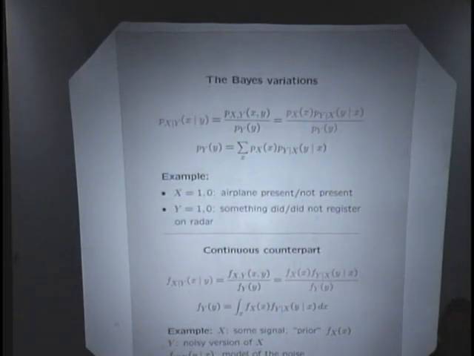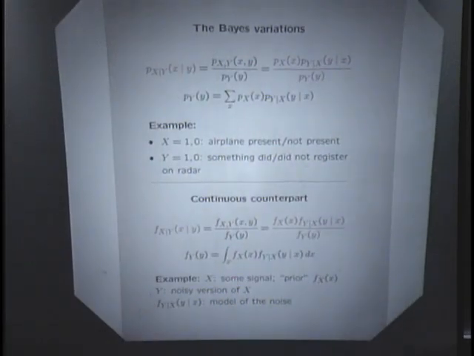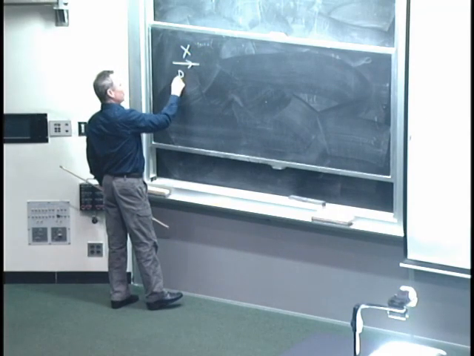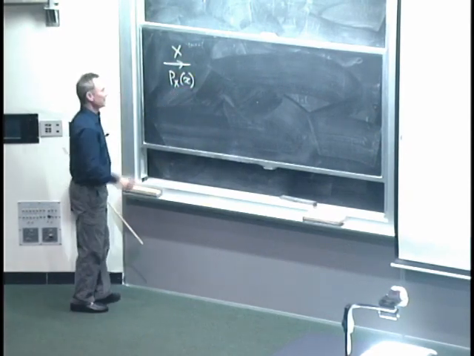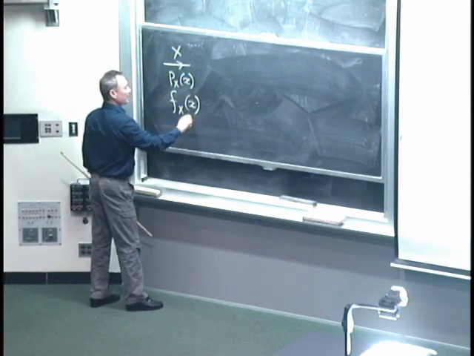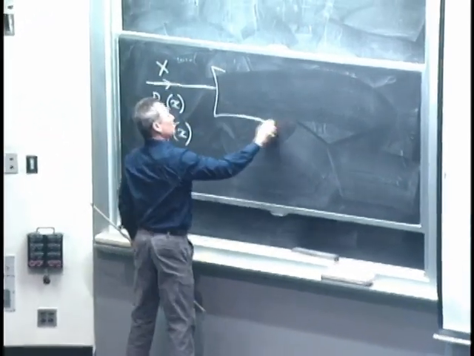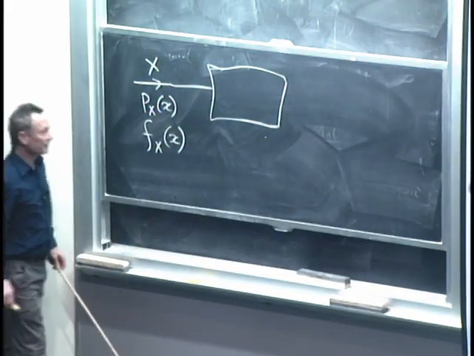And the variations come because sometimes our random variables are discrete, sometimes they're continuous, or we can have a combination of the two. So the big picture is that there's some unknown random variable out there, and we know the distribution of that random variable. In the discrete case, it's going to be given by a PMF. In the continuous case, it's given by a PDF. Then we have some phenomenon, some noisy phenomenon, or some measuring device.